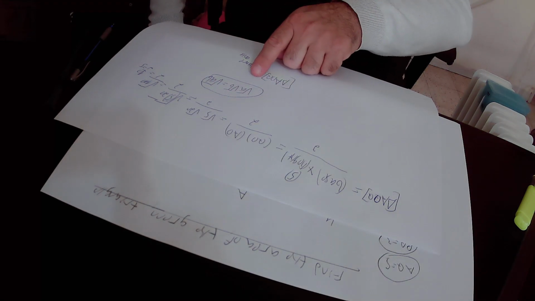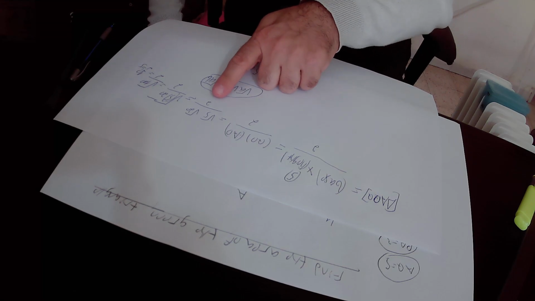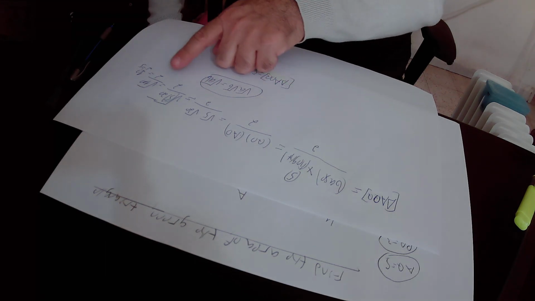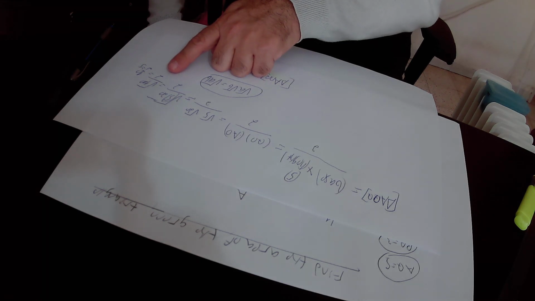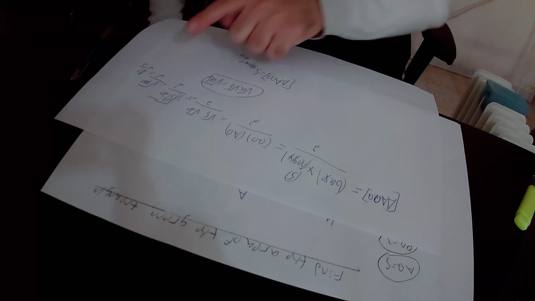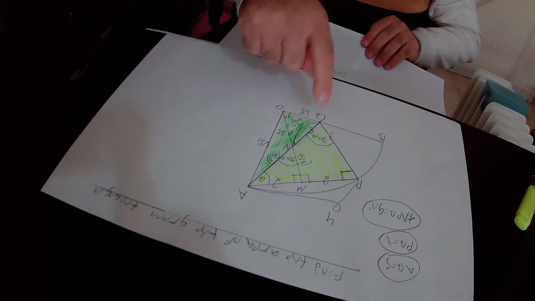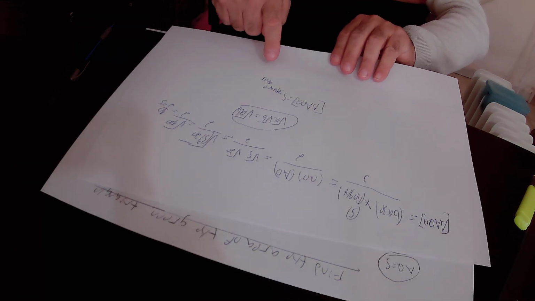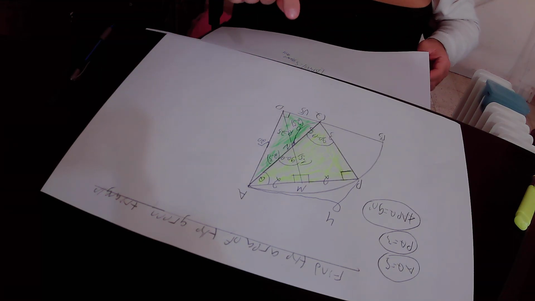We have the algebraic identity that square root of A times square root of B is square root of AB, therefore square root of 5 times square root of 20 is square root of 5 times 20, over 2. 5 times 20 is 100. So inside the root we have 100 over 2. The square root of 100 is 10, so 10 over 2 is 5. In conclusion, the area of this green right triangle AQO is equal to 5 square units.